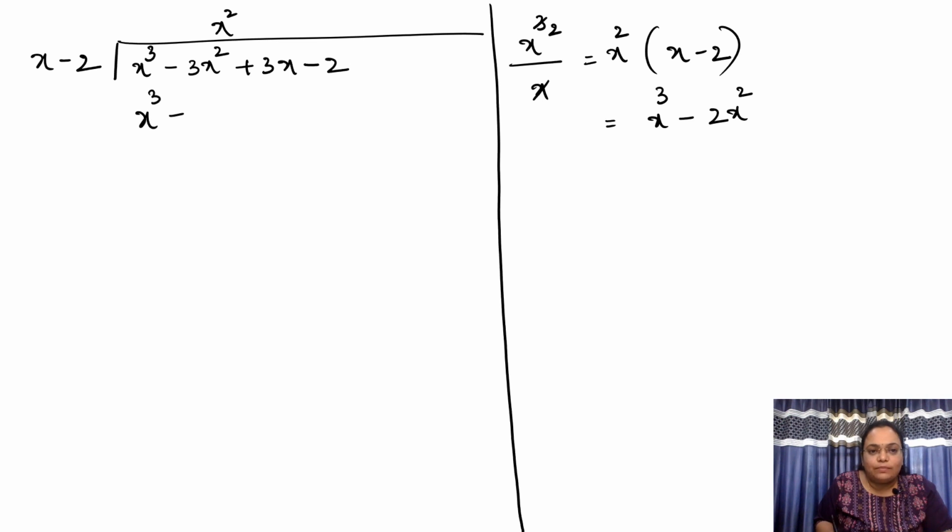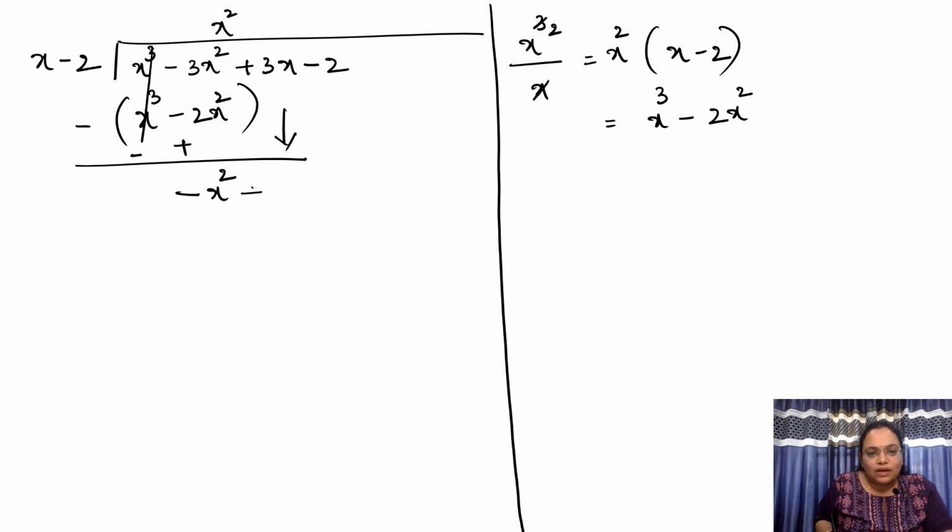When you subtract it, plus sign changes to minus and minus sign changes to plus. x³ - x³ gets cancelled. -3x² + 2x² is -x². I will bring the terms down.